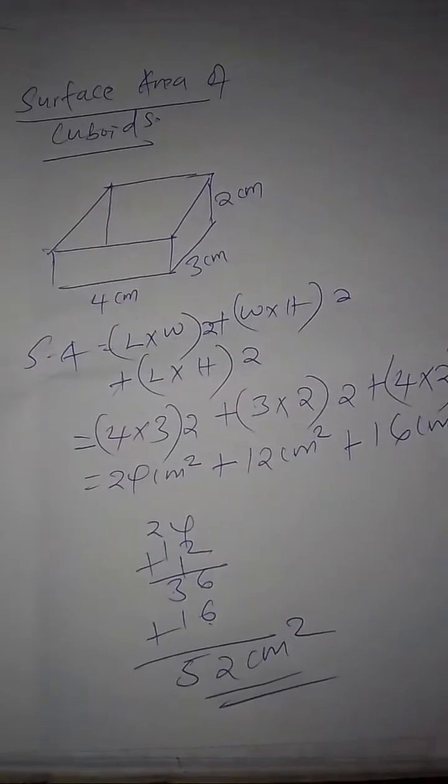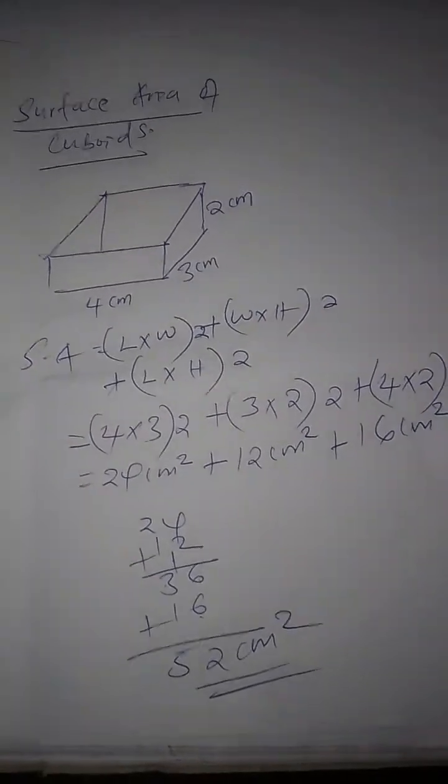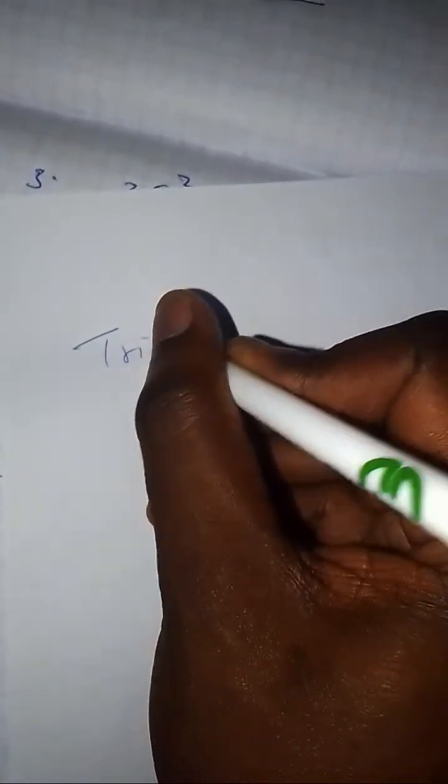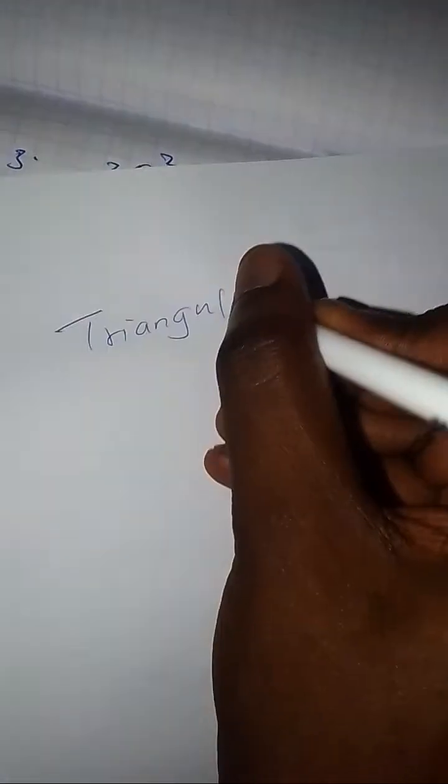Okay, so I want us to move to how we can find the surface area of a triangular prism. We have what is called a triangular prism.